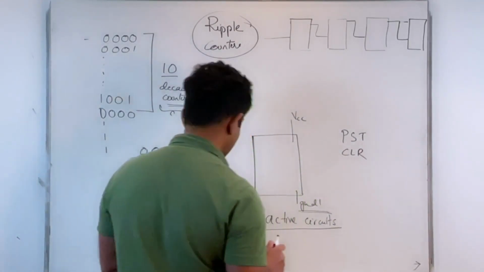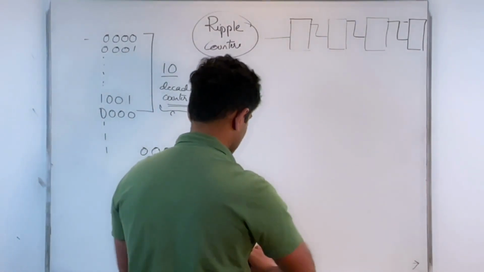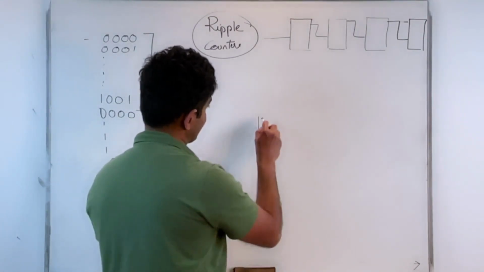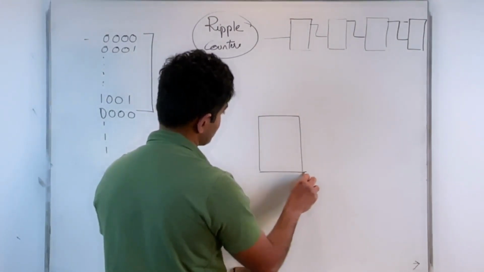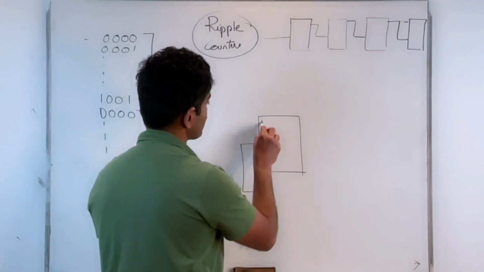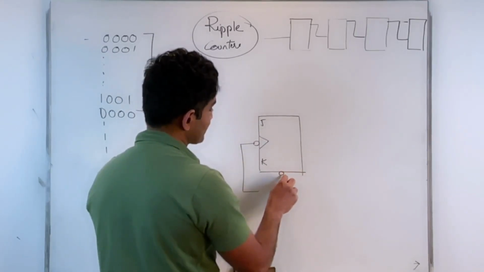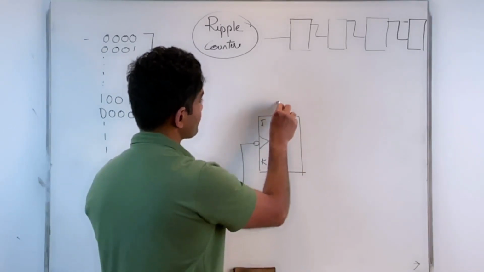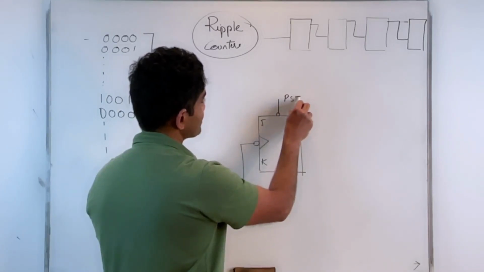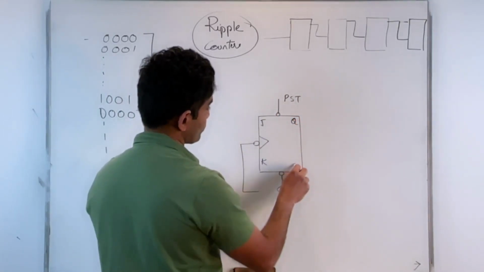So let's look at an example of a flip-flop that contains these inputs. Let's look at a negative edge triggered JK flip-flop, with my J, my K, and also these preset and clear inputs. Let me call that preset, and that clear. That's my Q and Q prime.